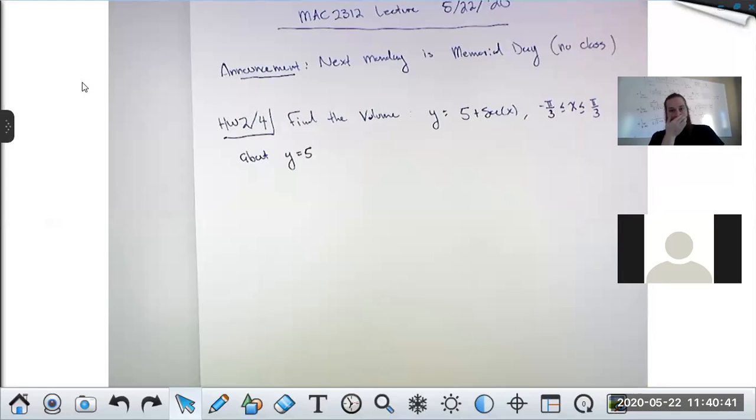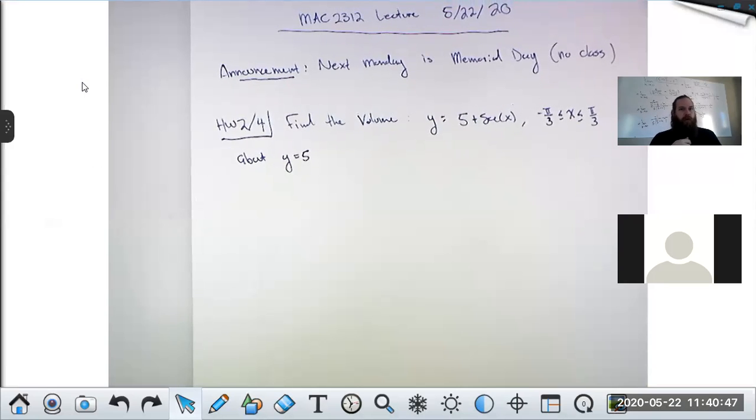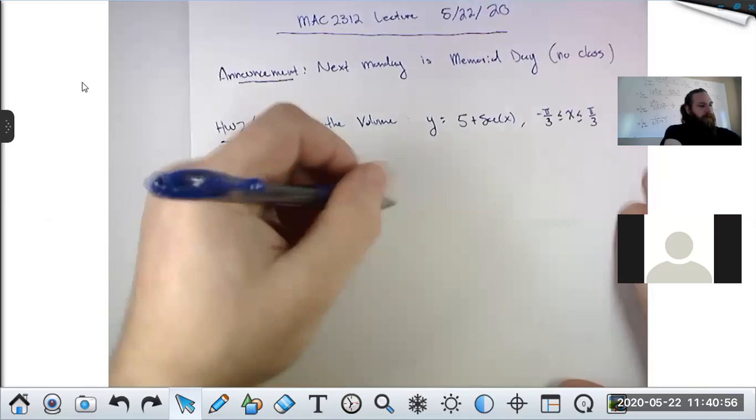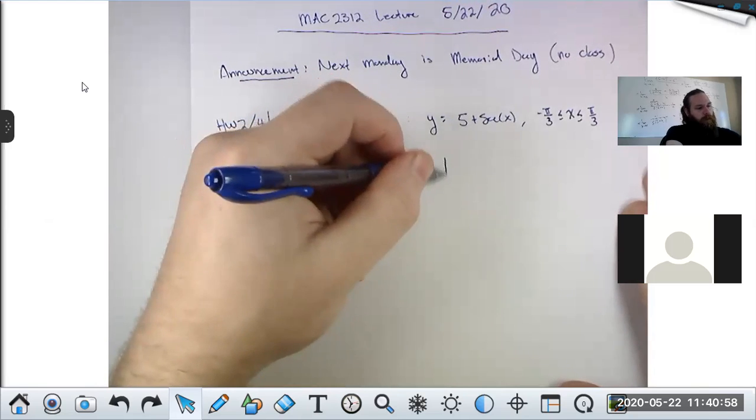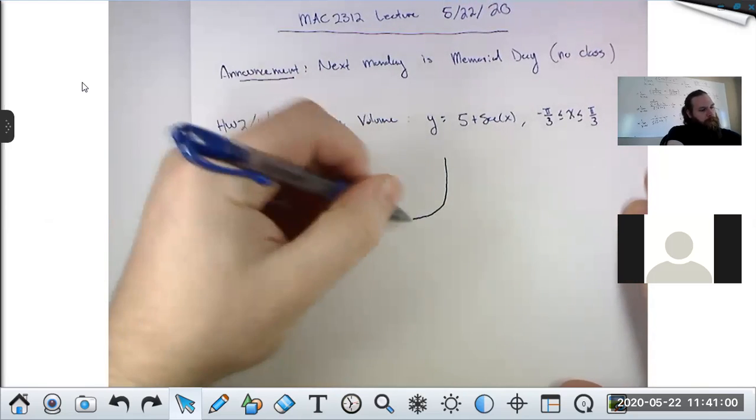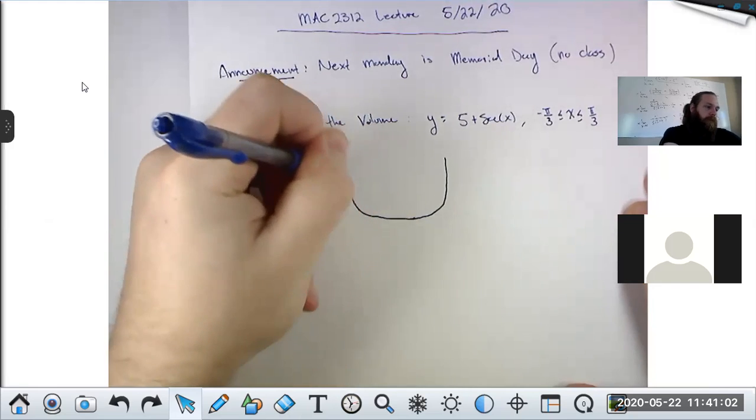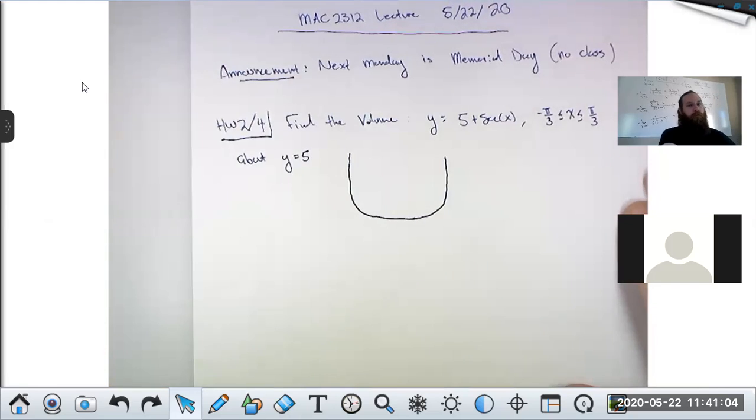So we should know what the graph of secant x looks like, which means we should know what the graph of 5 plus secant x looks like. To get the graph of 5 plus secant x from the graph of secant x, you just take the graph of secant and bump it up by 5. The graph of secant from negative pi over 2 to pi over 2 looks like this, right?